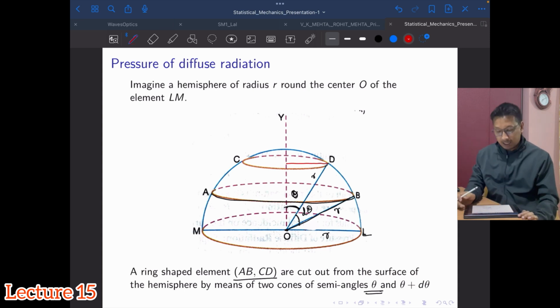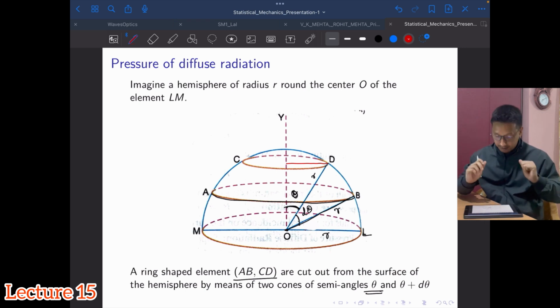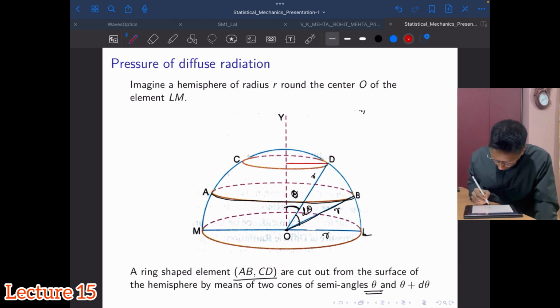Now I need to find the area of this ring ABCD. Since OD is my radius R and this is my angle theta, the radius of the circle will be R sine theta.